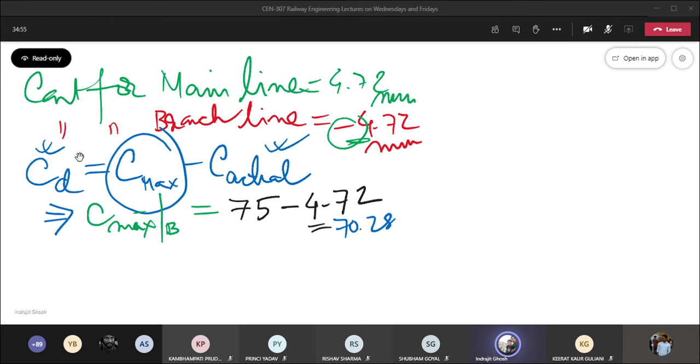You people have calculated the E value rightly, right? 4.72 millimeter. Okay, this is also in millimeter. Correct, it seems correct. I am just trying to see.